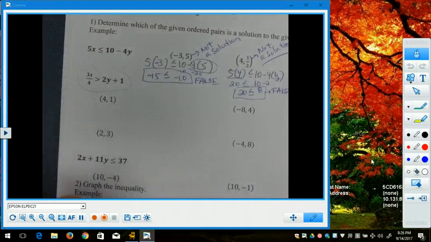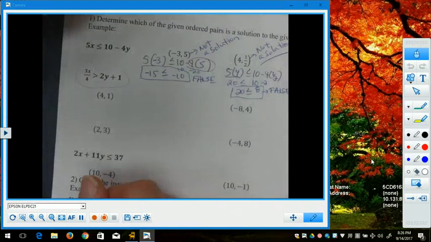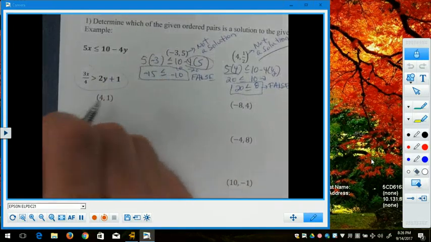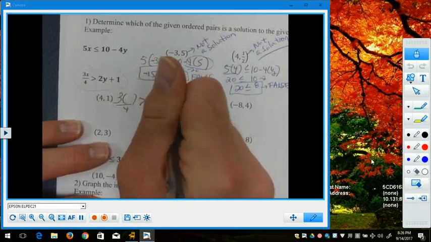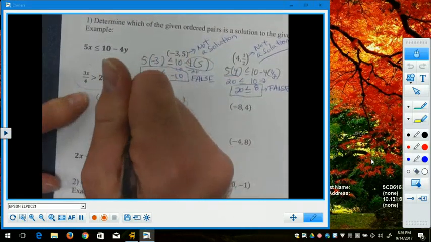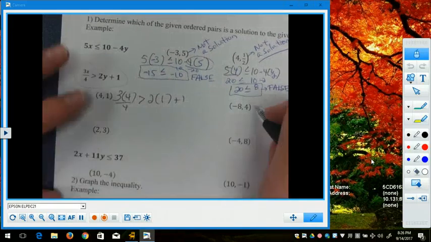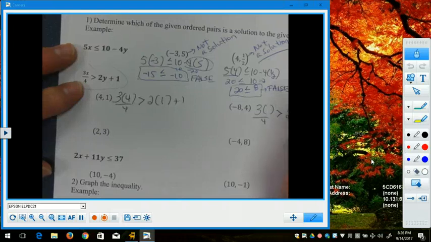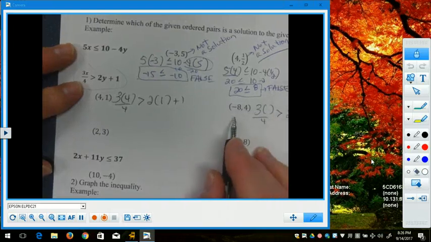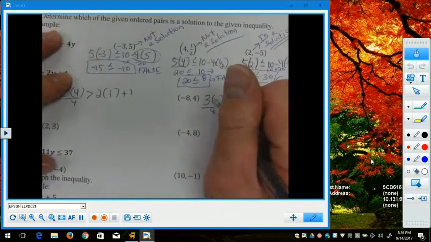All right, so for this next one, what you should have is 3x over 4 greater than 2y plus 1. In this case, the x is 4, the y is 1. Over here, I should again have 3x over 4. Is it greater than 2y plus 1? Here, my x is negative 8.